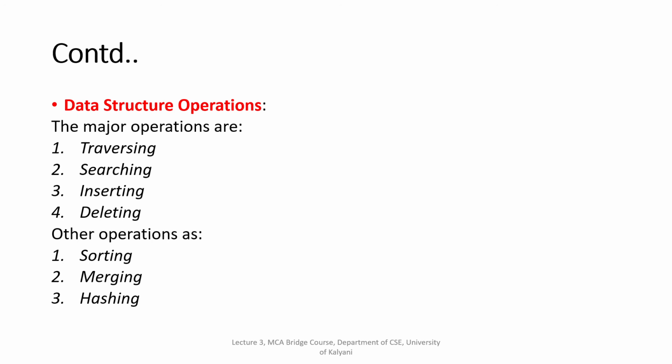Other important and very popular operations on the list of elements are sorting, merging, hashing. Sorting means you have to put elements in a sequence like increasing order or decreasing order. We call it sorting. When we combine two different lists, we call merging.